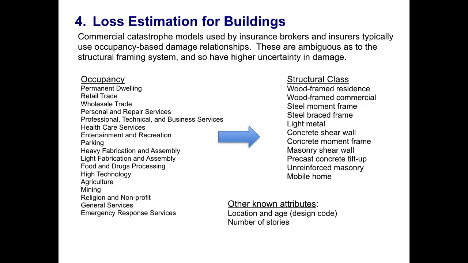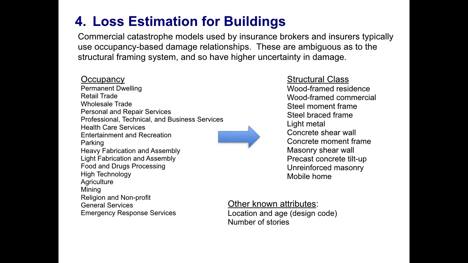So, wood frame construction, steel moment frame, steel brace frame, this sort of thing, by designating the particular structural class. Then the software will use a more specific modeling that's more appropriate for the particular building, and it will also leverage the other known attributes of location and age and stories to provide the estimate of damage for the buildings.